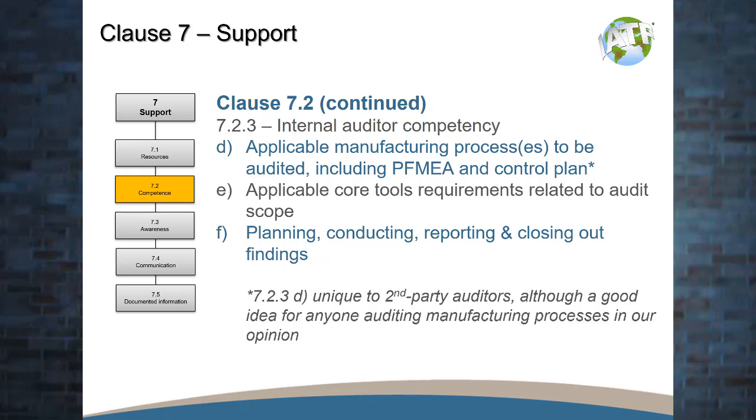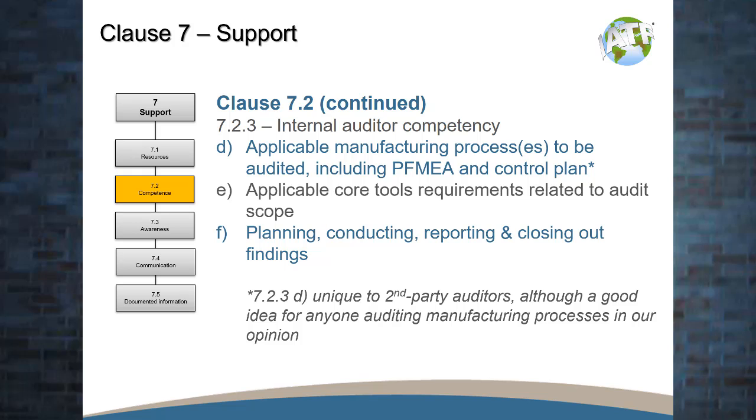So 7.2.3 D is actually, I don't quite understand this, but it's unique to second-party auditors, although in our opinion, it's a good idea for anyone that's auditing a manufacturing process or processes to be familiar with those manufacturing processes, and that would include the FMEAs, the process FMEAs, and the control plans that really govern the quality planning of that particular manufacturing process that you're auditing.